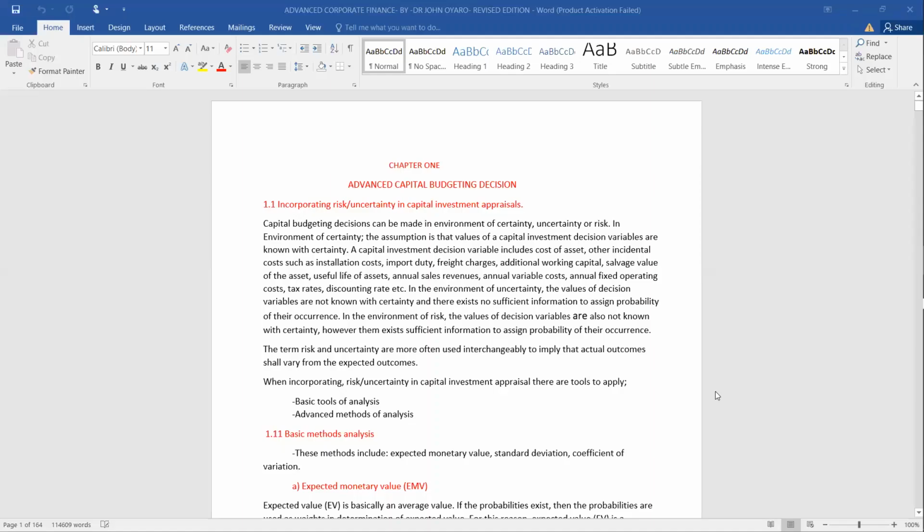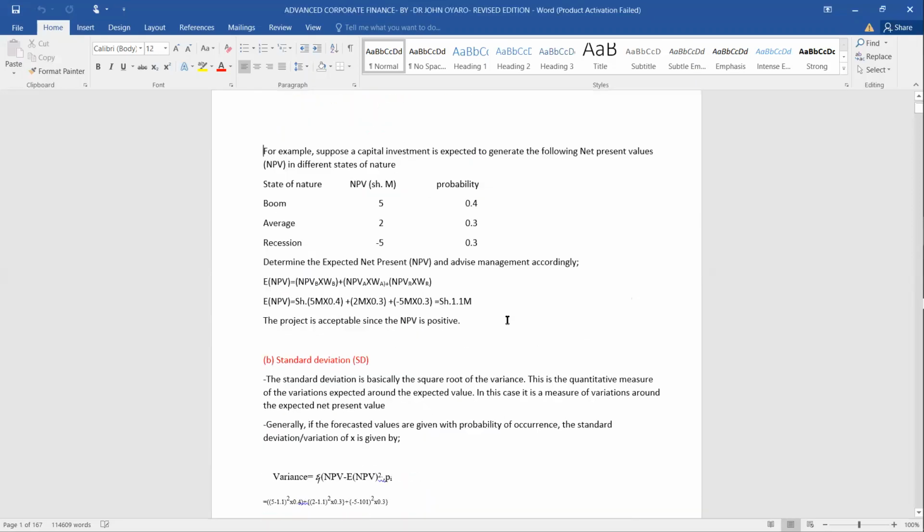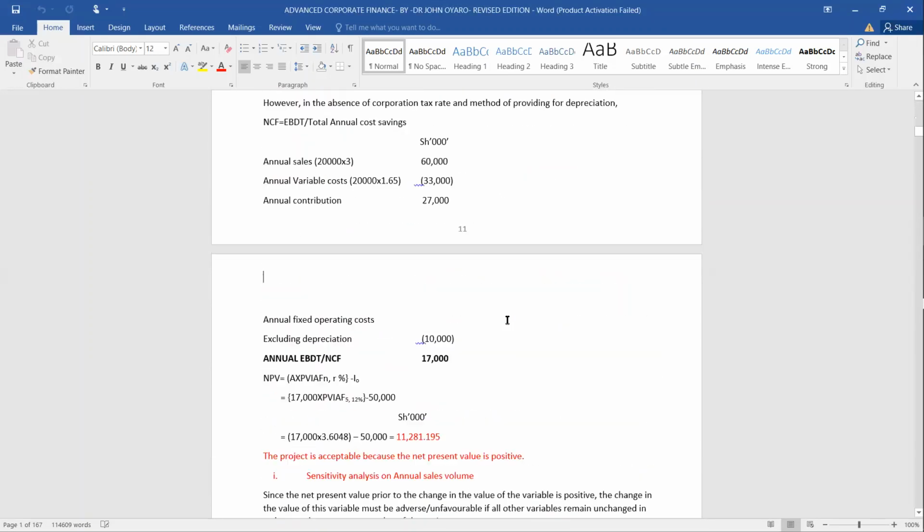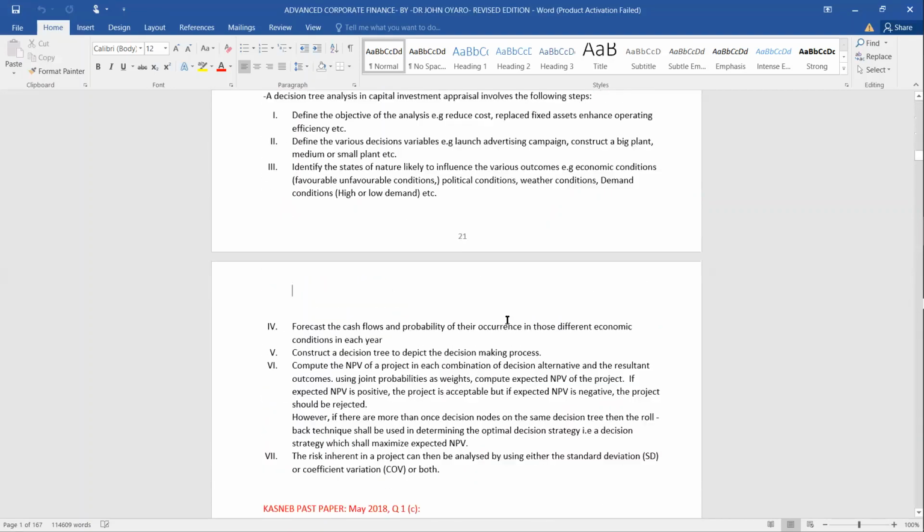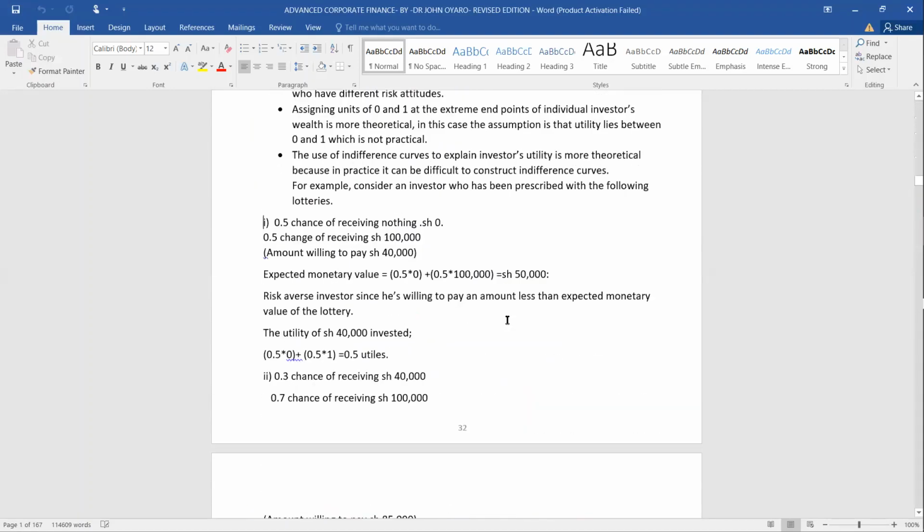Capital structure is a combination of equity, debenture capital, and preference share capital. The ultimate aim of making a capital structure decision is to ensure that a firm adopts and maintains a capital structure which is optimal.